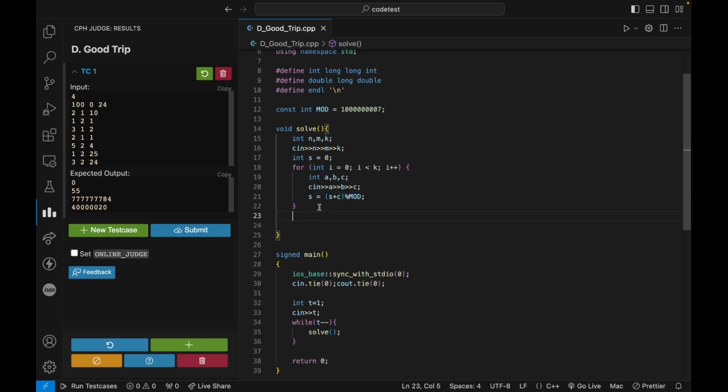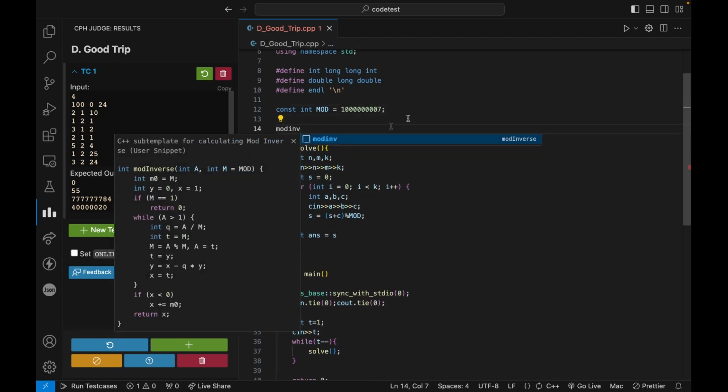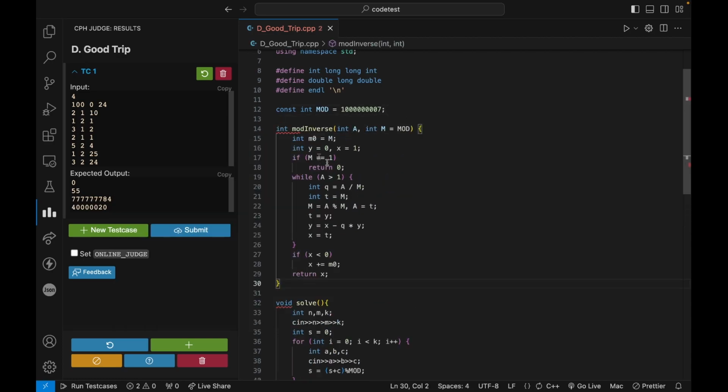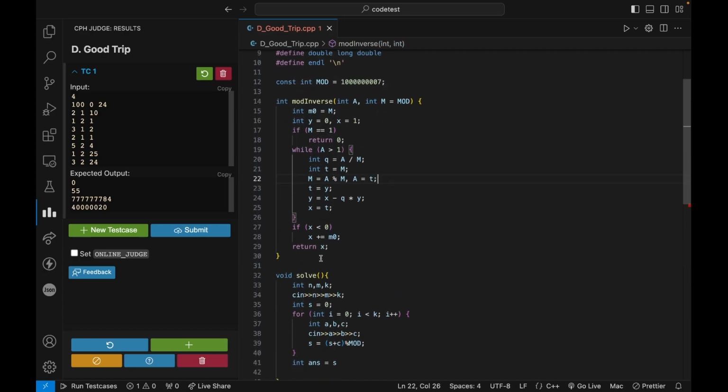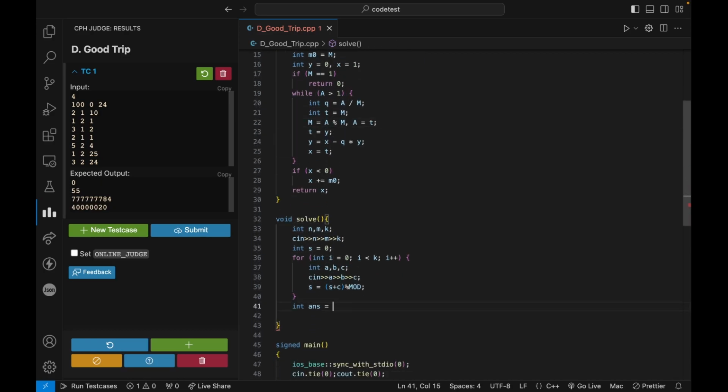Now we need to calculate the answer. So answer is equal to s upon, actually I have to take the modular inverse. So I will use my modular inverse template. This is something I copied from GFG. It basically calculates the modular inverse of a number. And I also need to calculate the NC2 value, right?